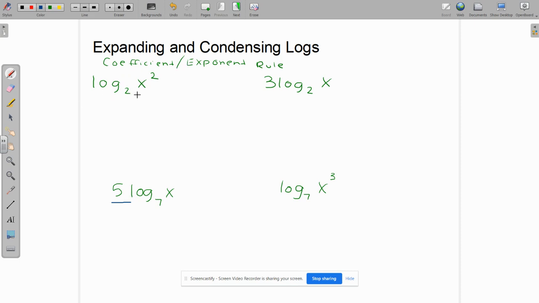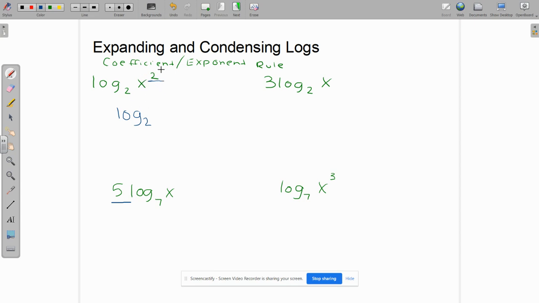So in this form, we know that this can expand out. This is log base 2, but it doesn't matter what the base is, as long as your answer has that same base. I'll start off with just the base of log 2, and I'm able to look at this exponent on the value that the log is going to.